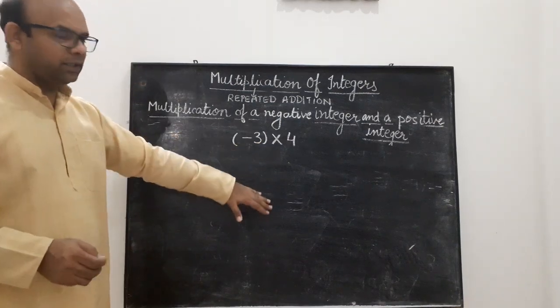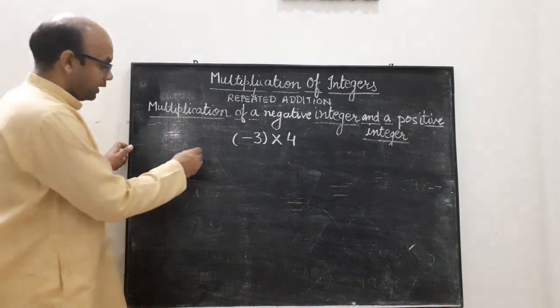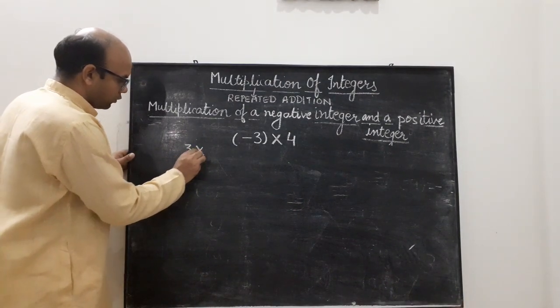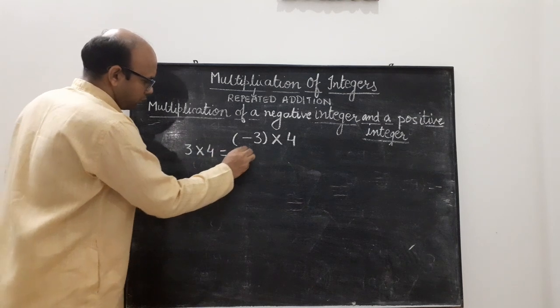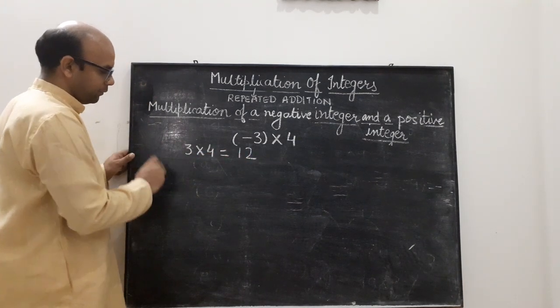To develop this concept, we try to investigate the pattern. We have 3 cross 4 is 12. That means we are adding 4 three times.